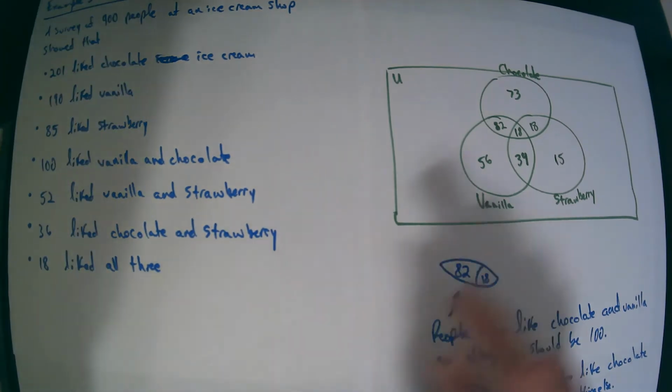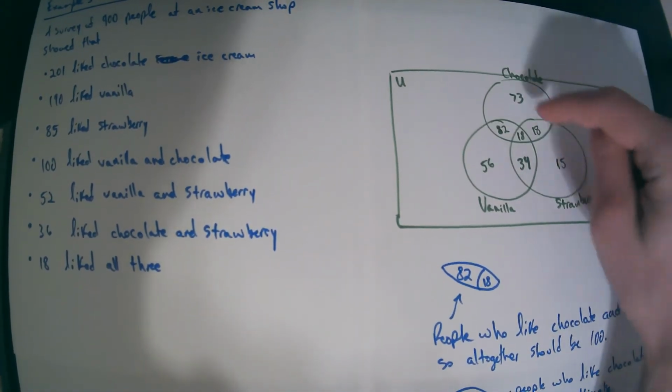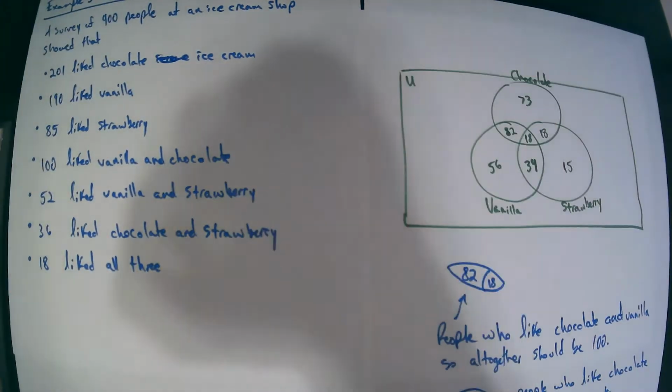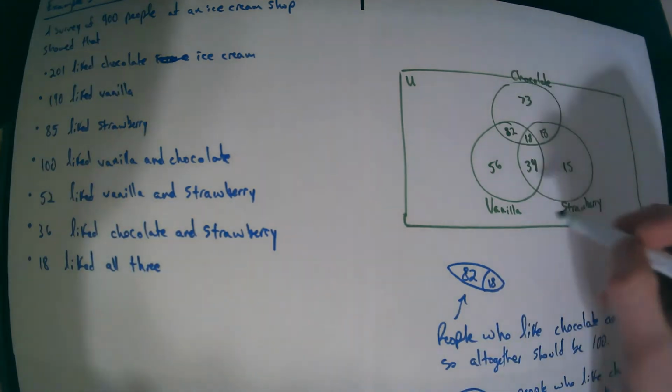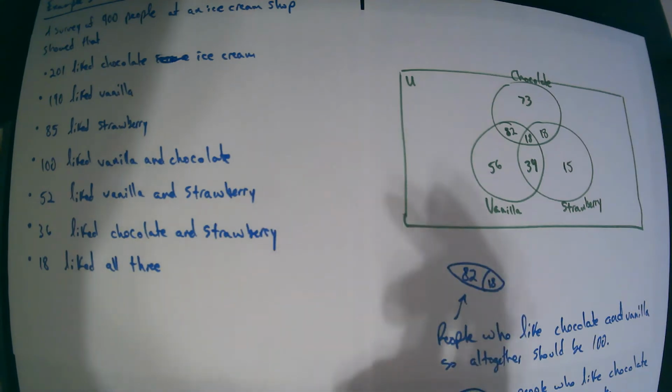So, just to give myself a little bit of a break, I'm going to use a calculator to add all of these numbers up. Okay, adding all of these numbers up, these 7 numbers, that'll give me the total people that answered the survey. Okay, so I'm getting this is 296, but 400 people were surveyed.